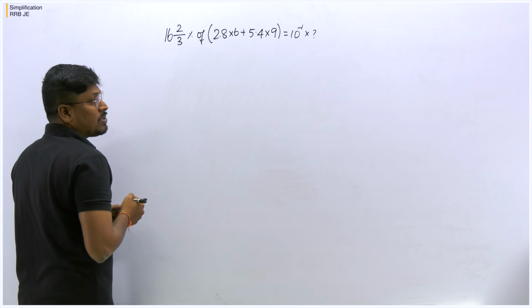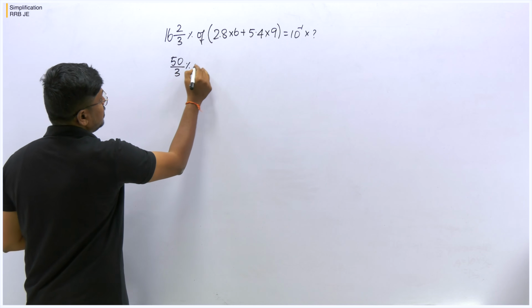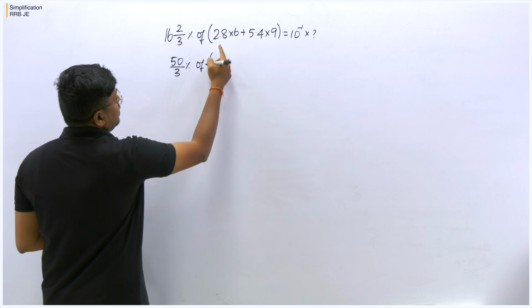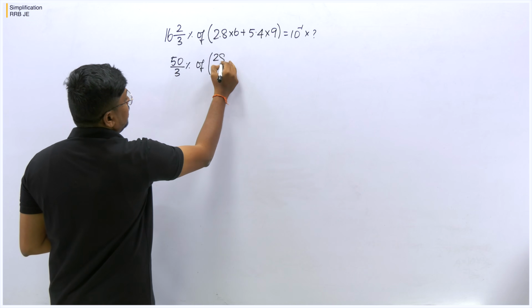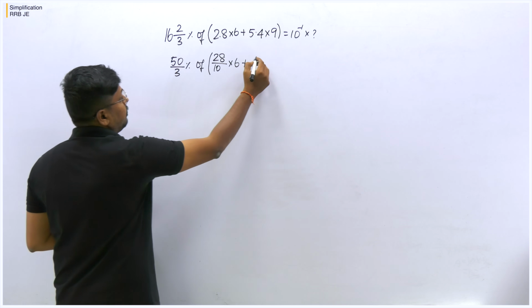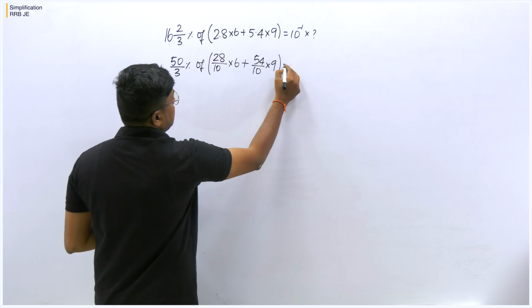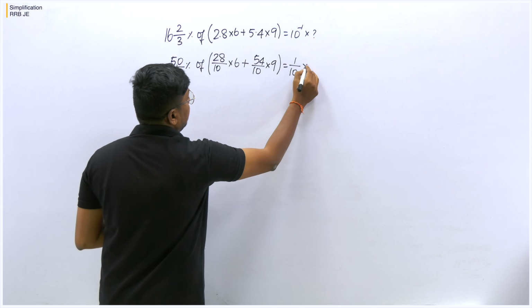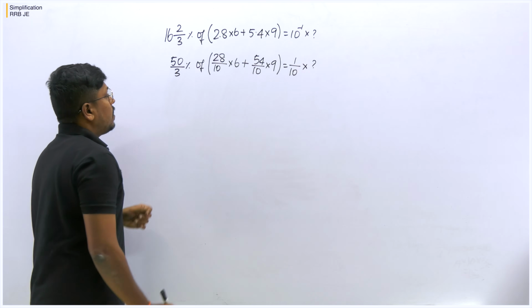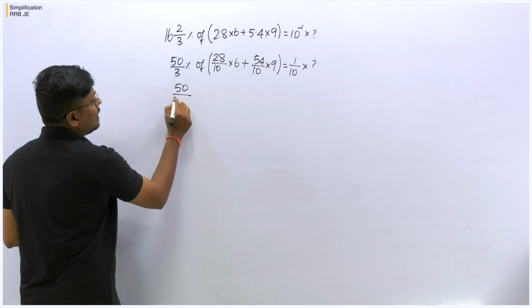So 48 plus 2 will be 50. So 50 divided by 3 percentage of, right? Here 2.8 can be written as 28 by 10 into 6, plus 5.4 can be written as 54 divided by 10 into 9, is equal to 1 divided by 10 into question mark.